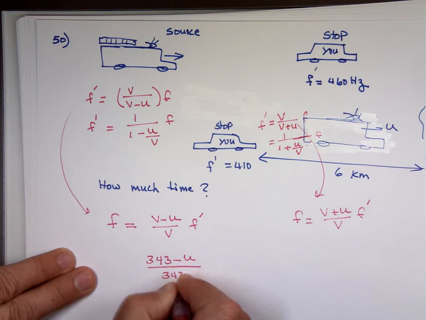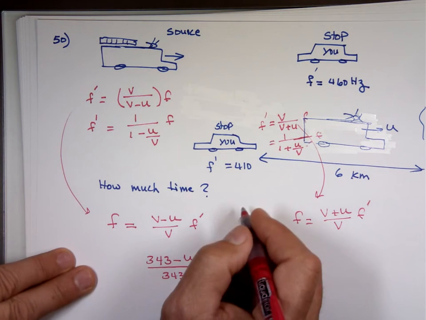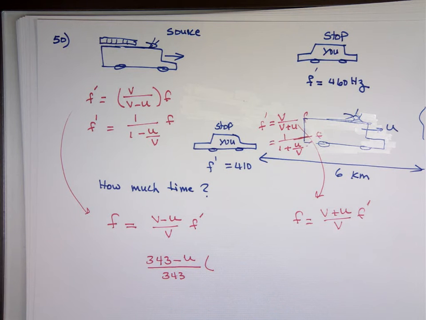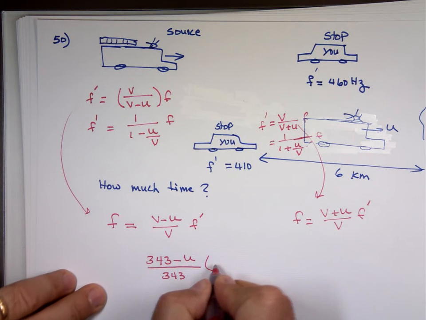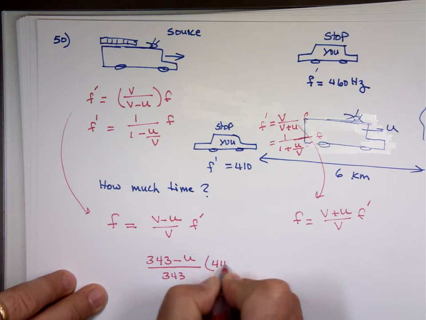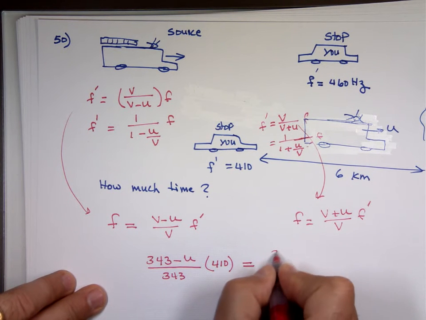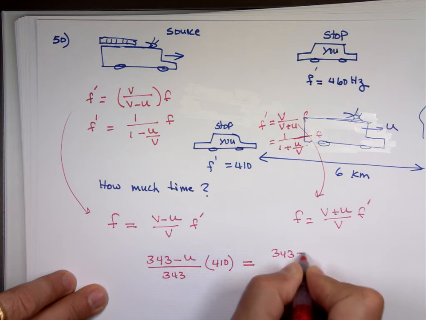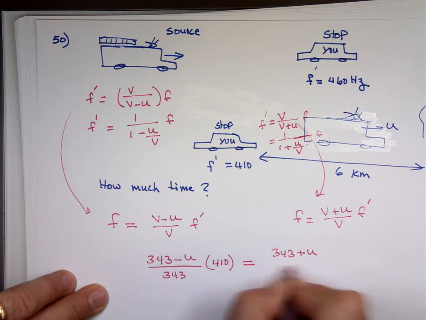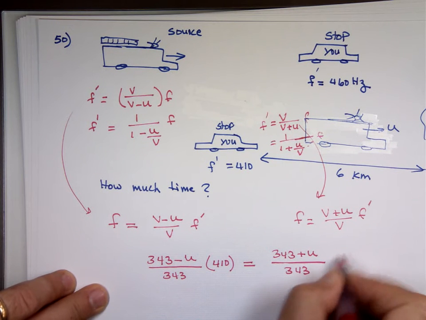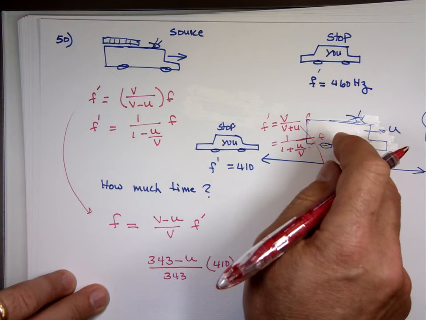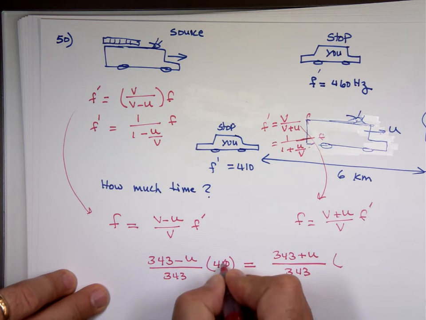And the frequency when it was approaching you, the problem says, you heard the frequency to be 460 equals 343 plus U over 343 times the frequency. I'm sorry, the first one is 460 when it's approaching you. When it's going away from you is 410.